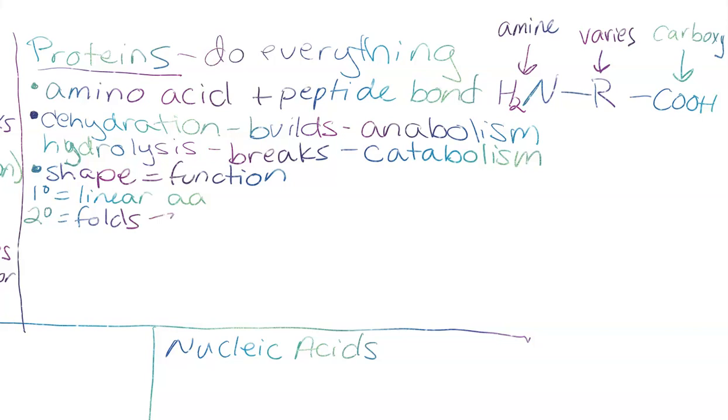There are 2, the alpha helix, which looks like a helix, and the beta sheet, which is more like a zigzag. Then the alpha helices and beta sheets interact with each other to make the tertiary structure, which is basically a balled up protein.